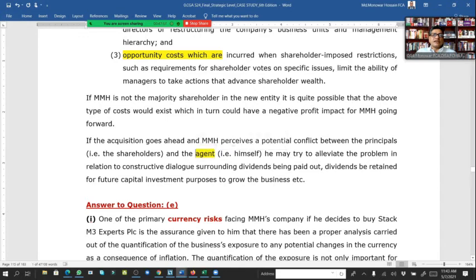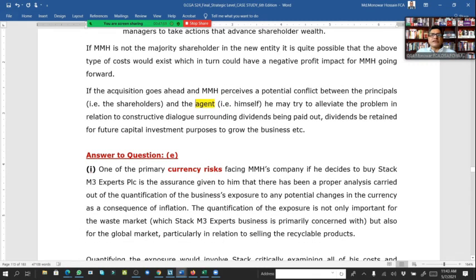This can be alleviated through constructive dialogue surrounding dividends being paid out and dividends being retained for future capital investment to grow the business. This way it can be resolved with the others.